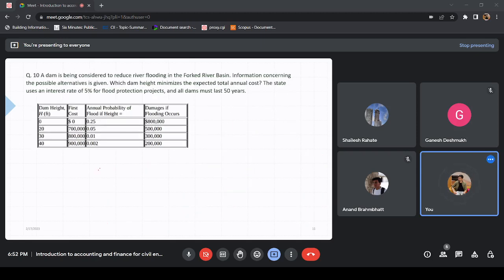Okay, so this next question brings you close to the title, like Introduction to Accounting and Finance for Civil Engineers. So now you have a decision to make. You guys are here right now, right?